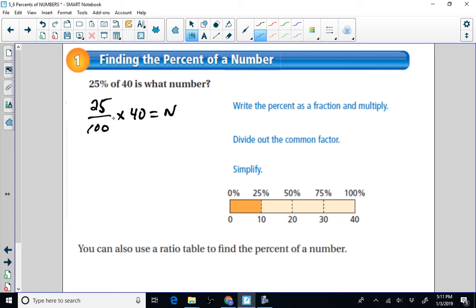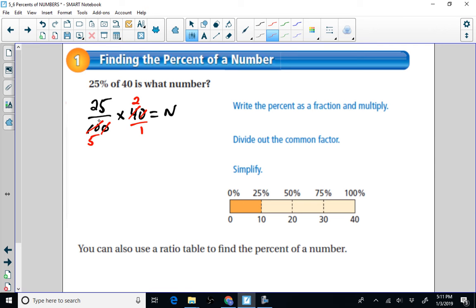And now we want to multiply 25 over 100 times 40. Well, usually we multiply numerator times numerator, denominator times denominator. But let's divide out first. Right? I could divide out a 0 and a 0 here. Then I could divide out 4 and 10. 4 and 10 become a 2 and a 5.